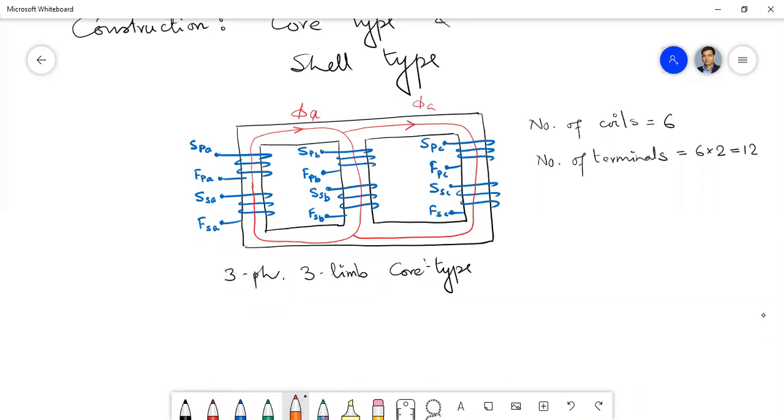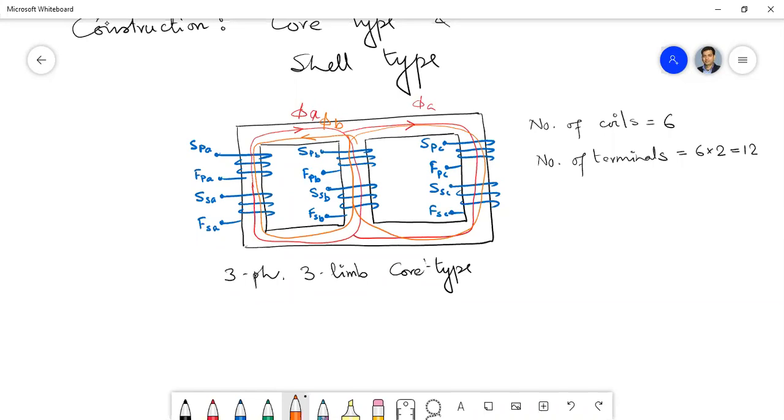Now for B phase, the phase B flux will flow like this. So this is phase B, though it will be halved like this.